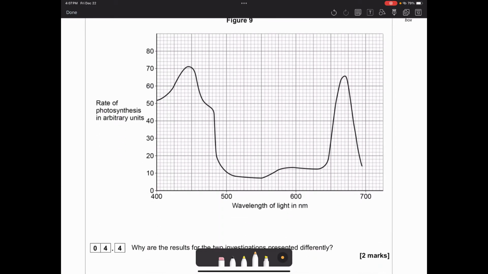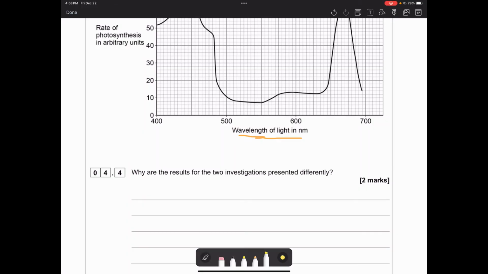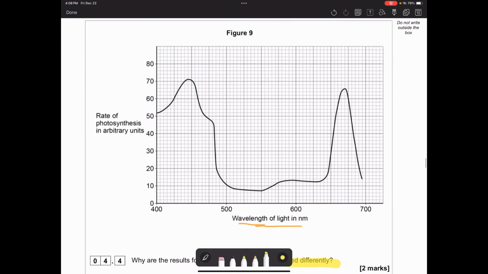If you look at the scientist's results, you've got the wavelength of light and the photosynthesis in arbitrary units, and you can see how it changes with wavelength. It then says, why are the results of the 2 investigations presented differently? So we've obviously got a bar chart and then a line graph.